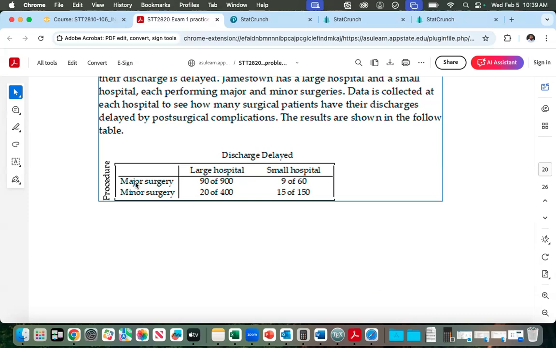Now let's get to the other one, minor surgery. 25 or 550. Yeah, so you see 20, 15. 400 and 150.